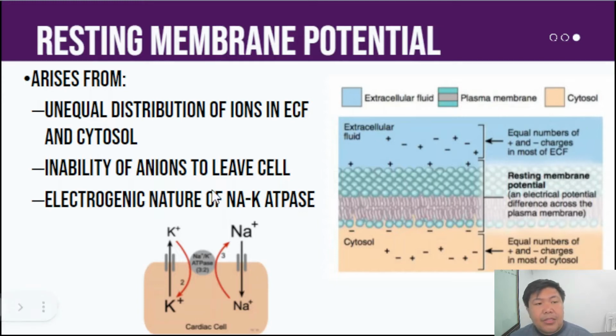Okay? So these are the 3 factors contributing to the development of your RMP: the unequal distribution of ions in the ECF, the inability of anions to leave the cell, and the electrogenic nature of your sodium-potassium ATPase. So now we understand the RMP. That is the charge of the cell when there is no stimulus, when there is no excitation happening.